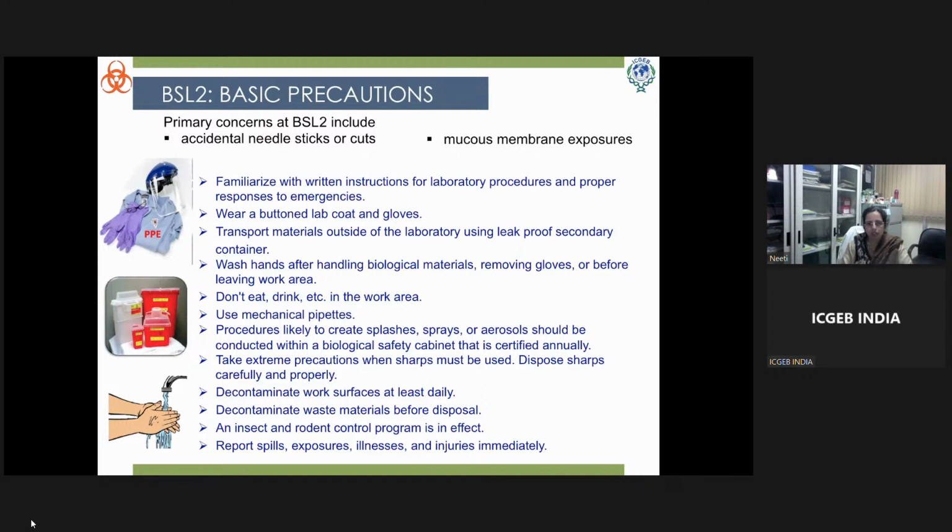There should be an effective insect or rodent control program so that you don't have any unwanted guests in the lab. And of course, spills, exposures and illnesses not only need to be taken care of, but also need to be reported, so that appropriate follow-up and recording can be done, and these records can be maintained.